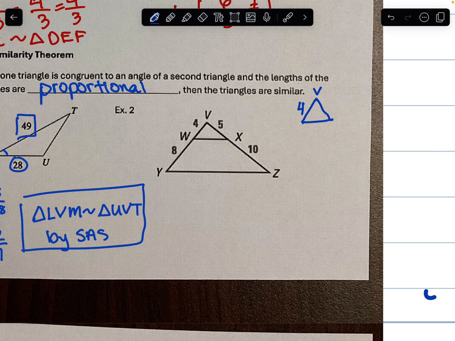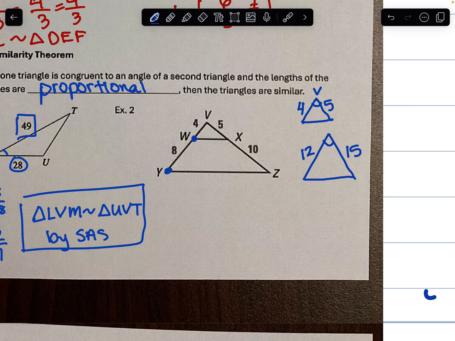I'm going to go and put V here so we know that's the angle it shares, and then 5. Or you could mark it like so. Okay? Then for my big triangle, what's going to be that left side length? 12. Yeah, because remember 8 is only the length from Y to W. So 12 and 15. Okay?